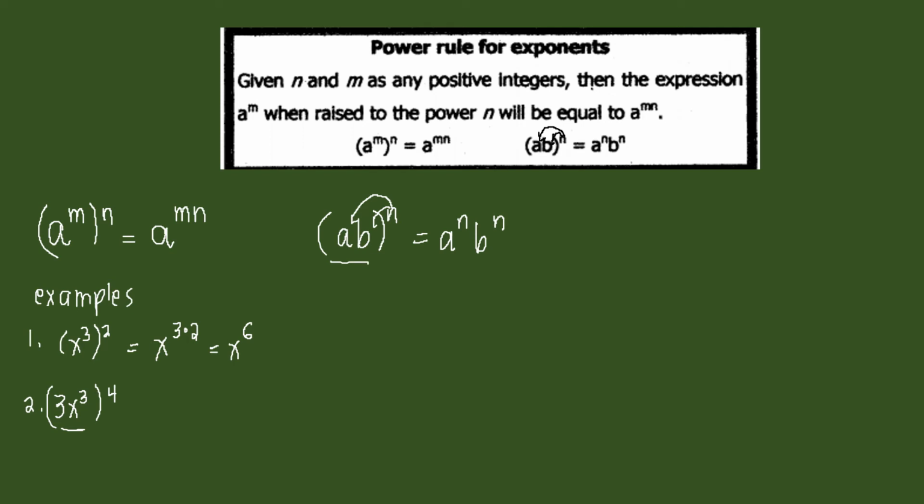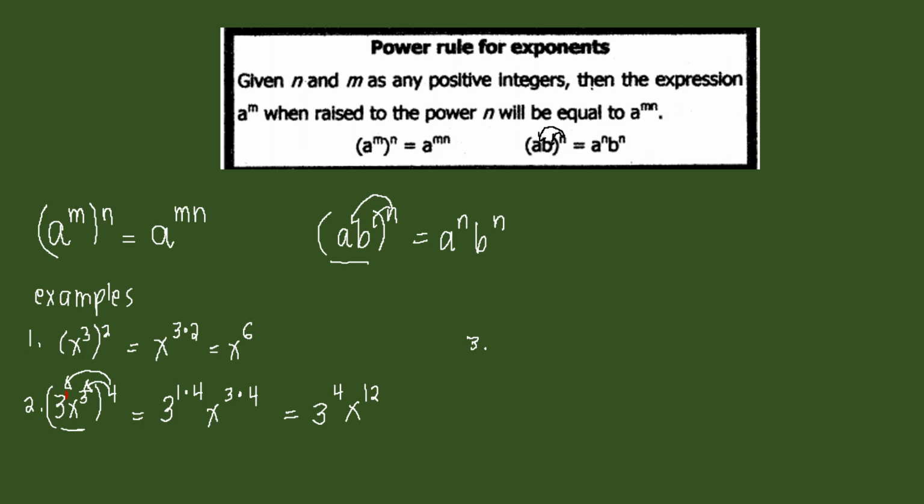There are many expressions or numbers or variables inside the parentheses. So that means you have to distribute 4 to the exponent of 3 and 4 to the exponent of x. Since nothing is written here in 3, it is assumed to be 1. It is always 1. So we will have here copy 3 and then 1 times 4. Copy x, 3 times 4. And that would give us 3 to the 4th, x to the 12th power. Okay?